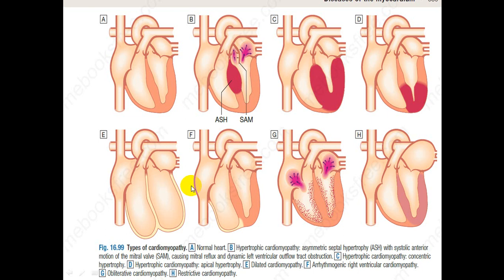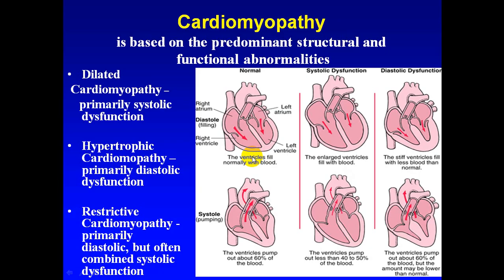This is the dilated cardiomyopathy, and this is the restrictive cardiomyopathy. So dilated cardiomyopathy has primarily systolic dysfunction. Hypertrophic cardiomyopathy has primarily diastolic dysfunction. Restrictive is primarily diastolic, but often combined with some systolic dysfunction.